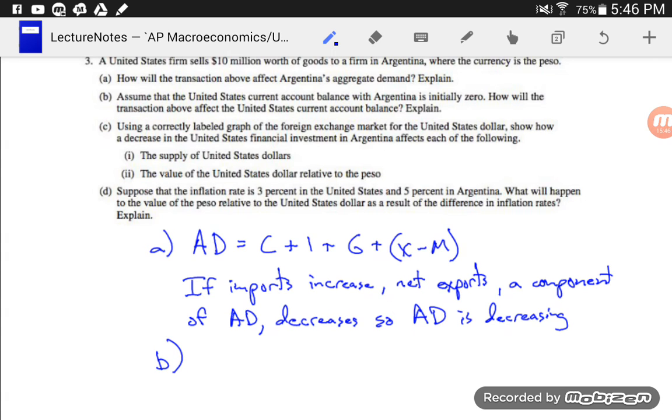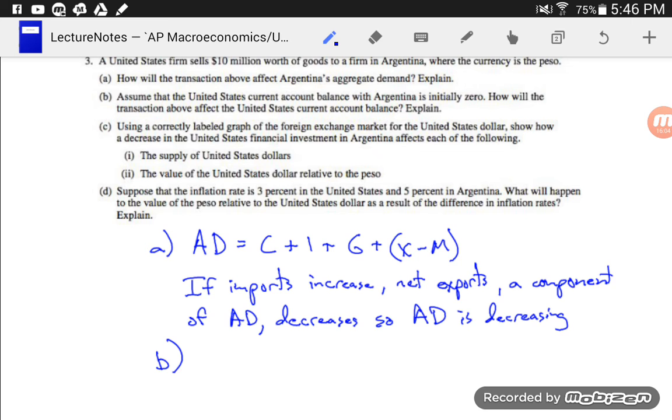All right, assume that the United States current account balance with Argentina is initially zero. That would imply that the exports minus imports is at zero there. How will the transaction above affect the United States current account balance? Explain.